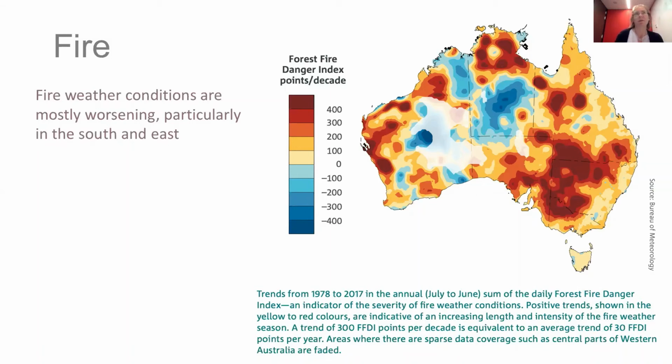But if the fire regime is changing such that fires are becoming more frequent or more intense, then we can expect fires to become a significant source of carbon to the atmosphere.